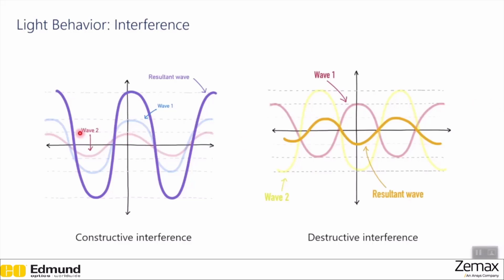As we can see in the constructive interference, the peaks and the troughs of the light blue and light red lines align, making the resultant amplitude much larger, whereas in the destructive case, we see that the peaks and the troughs are misaligned between the light red and the light yellow waves, causing the resultant amplitude to be much smaller.